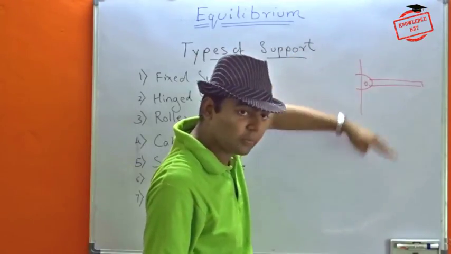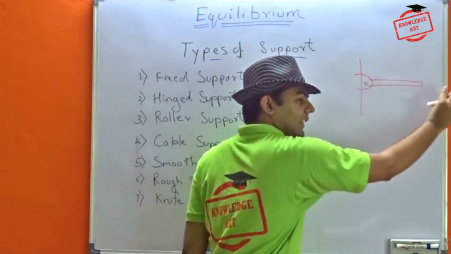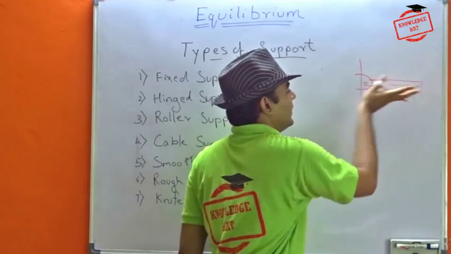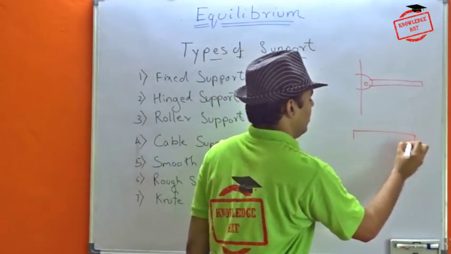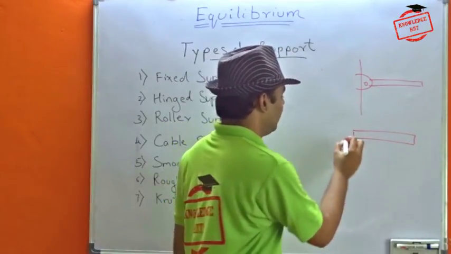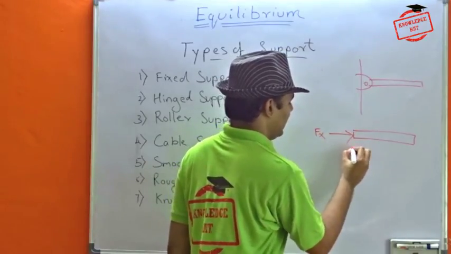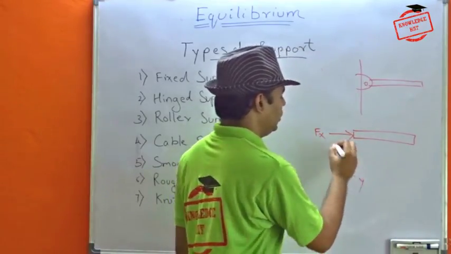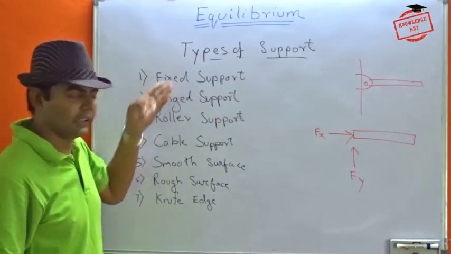It will allow the circular motion, but it will not allow the motion in positive x axis direction and positive y axis direction. So, when we take the reaction of this hinge support, we only take Fx and Fy and not the moment as we are taking for the fixed support.